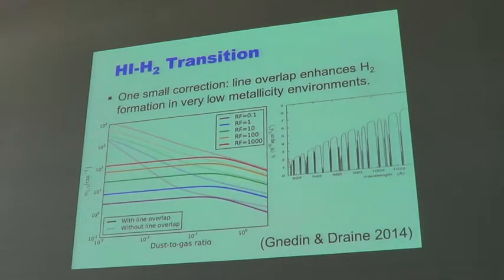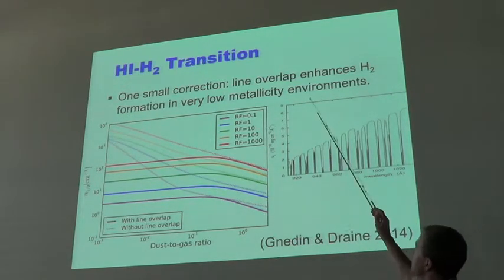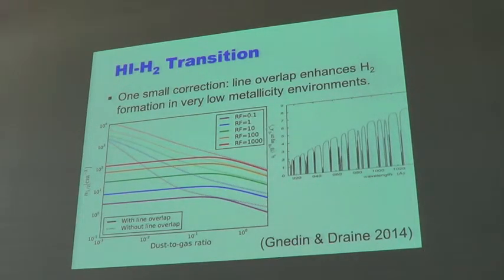There is one small correction that I want to advertise using this opportunity. For all models that existed up to now, there was one small effect that wasn't included, and that's the overlap of damping wings between lines in the Lyman-Werner band. So this is the Lyman-Werner band, between 912 and 1030 something angstroms.